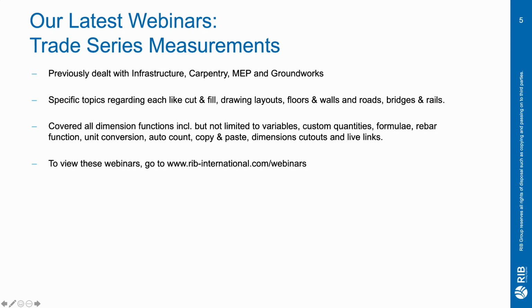So we covered all of the functions really that you can think of within the dimension side, including variables that you can use when measuring, including custom quantities, different formula that you can use. The rebar function is covered in the carpentry webinar. How to do unit conversions, the auto count function, how to copy and paste dimensions, do dimension cutouts and negative dimensions, and also then how to create live links to your workbooks.